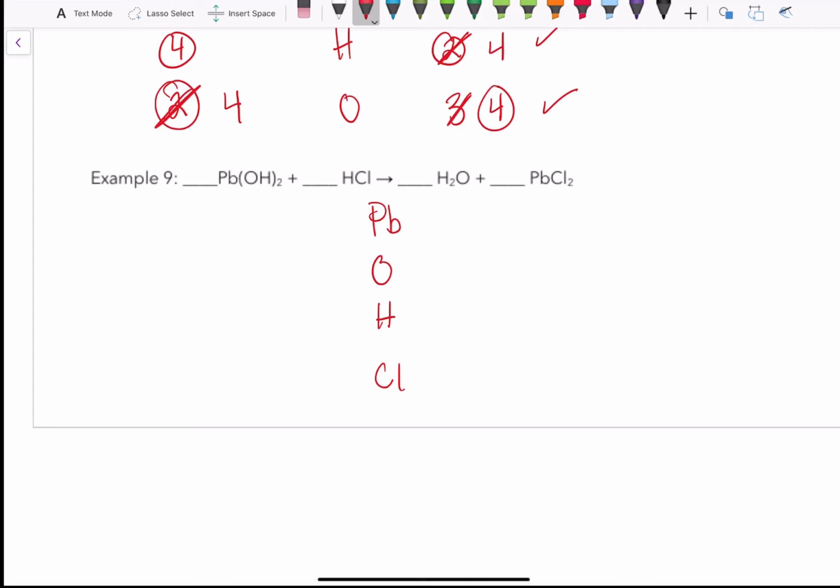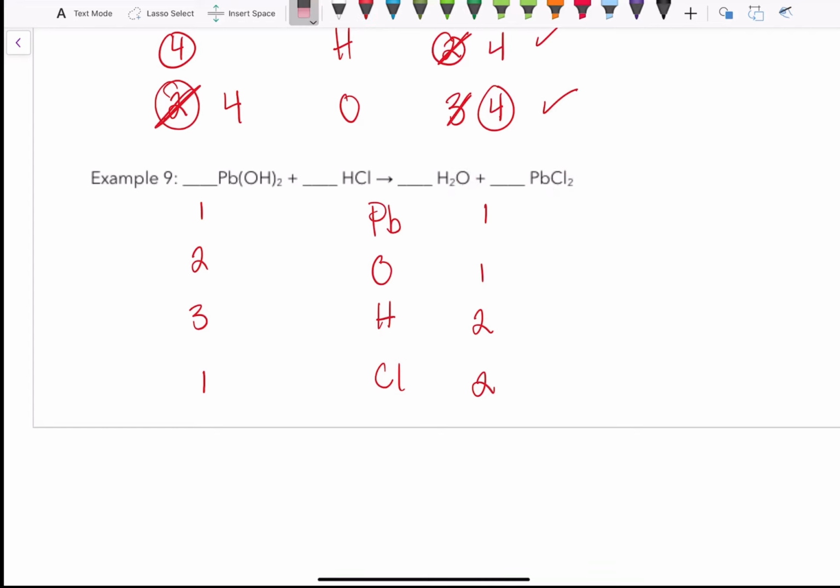So if we look at our atom inventory, 1 lead, we have 2 oxygen here, 2 hydrogen, and another one for a total of 3 hydrogen and 1 chlorine. On our product side, we have 1 lead, 1 oxygen, 2 hydrogen, and 2 chlorine.